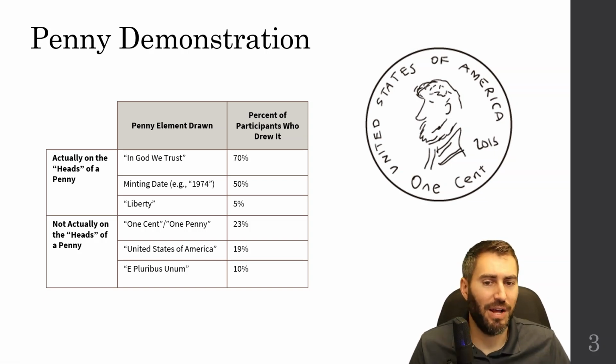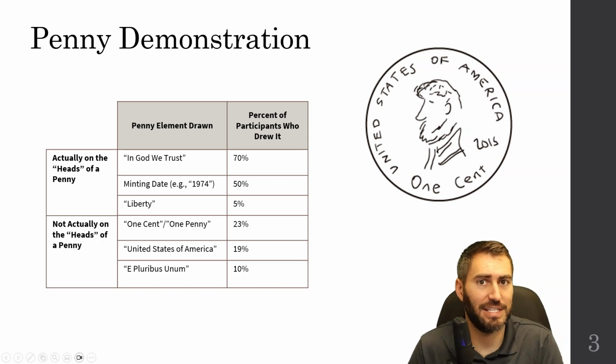And we see that a lot of people tend to do fairly well in some of these, but in others, we see pretty low rates of people responding with these. On the other hand, not actually on the head of a penny, some of these are on the tail side of the penny. We see some people actually report things like 1 cent or 1 penny, and almost a quarter of people report that and put that somewhere on the head of a penny.